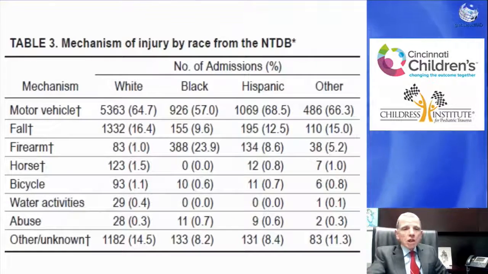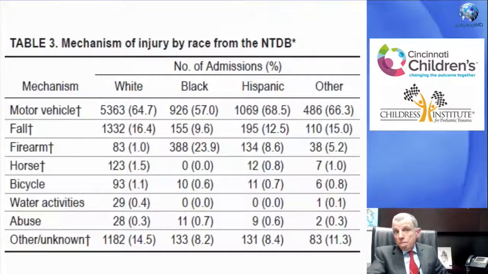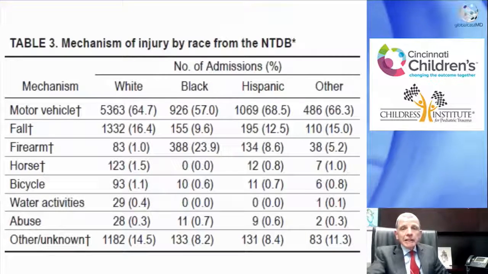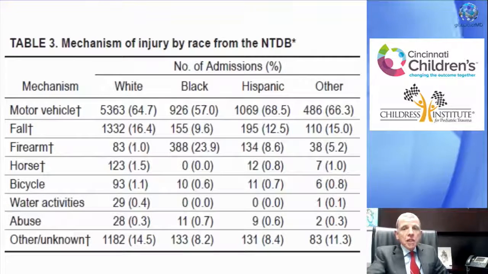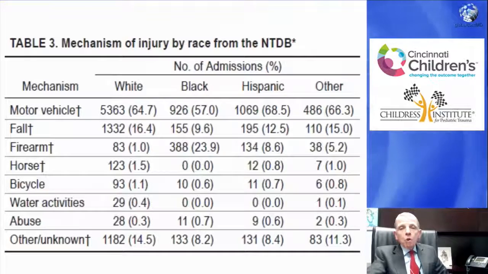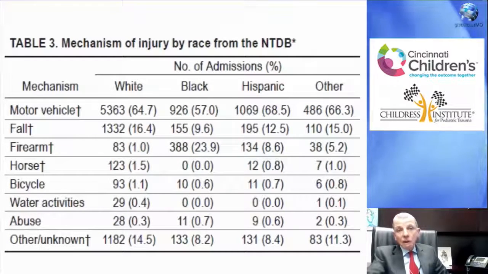The patterns of spinal injury, the mechanisms of spinal injury, vary by race and socioeconomic status in sad but predictable ways. Let me call your attention to this statistic. Almost a quarter of spinal injuries, as we defined in this study, in Black children are due to firearms.